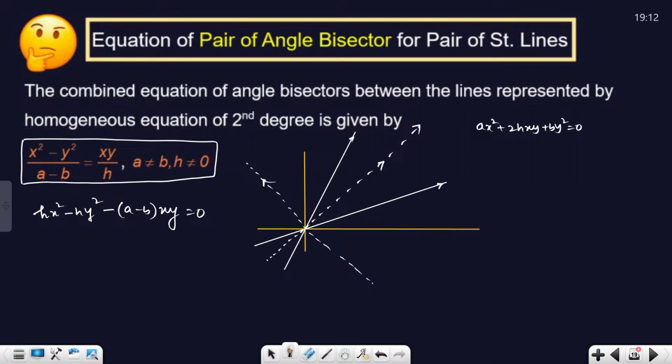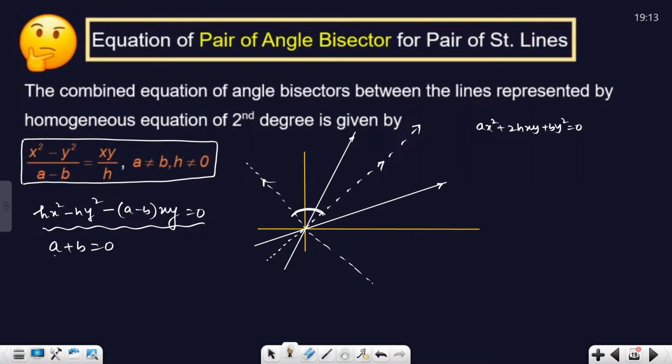Is it clear? You have to simply remember, no need to prove all these things. You simply remember this. And one more thing, as I told you in the previous class, that the angle between the two angle bisectors is always 90 degree. That you can observe here also. How we see that two lines are perpendicular to each other, when we get a plus b equals to 0.